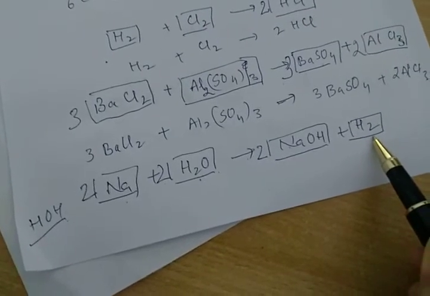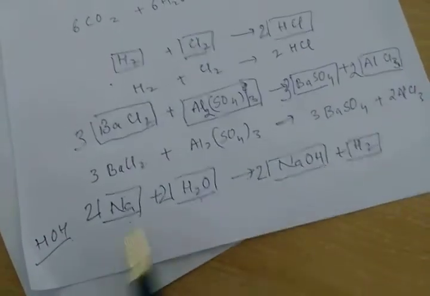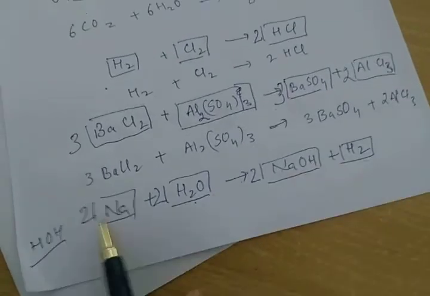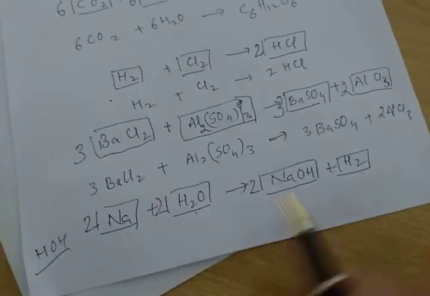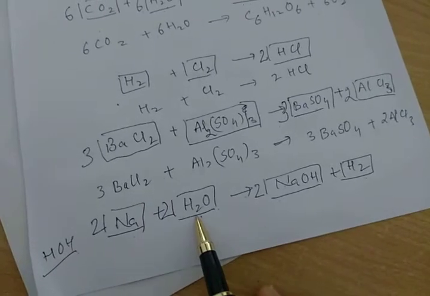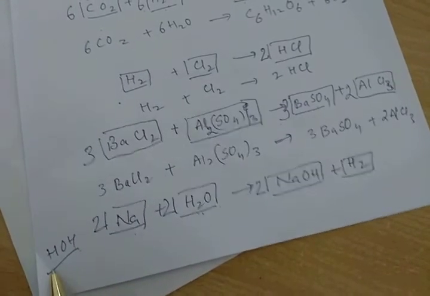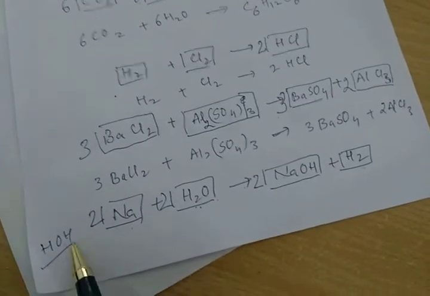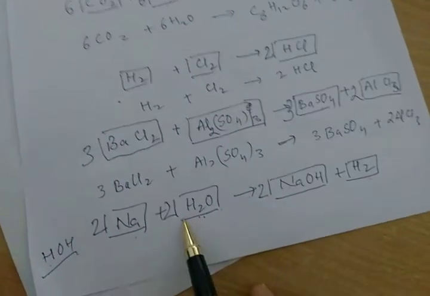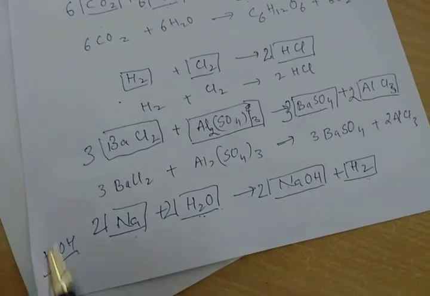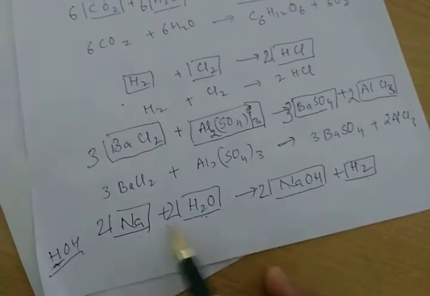First you encircle all the species: Na, H2O, NaOH and H2. Now remember this one, water is HOH. It can give one H and one OH. 2 hydrogen are here, so you want 2 water molecules to give 2 hydrogen atoms. Right?